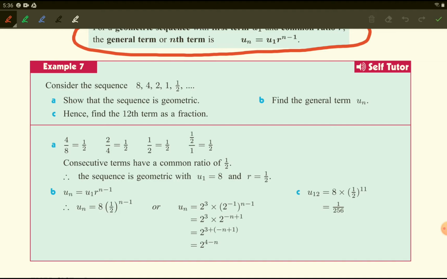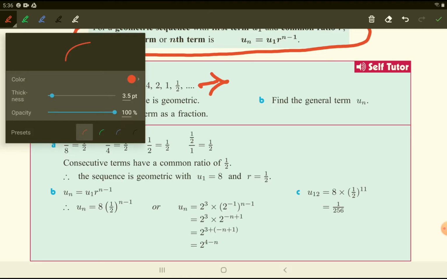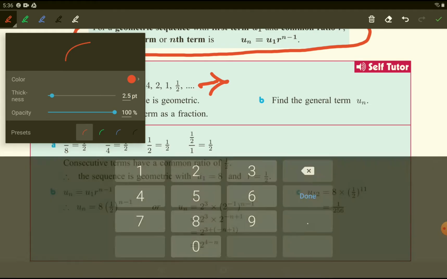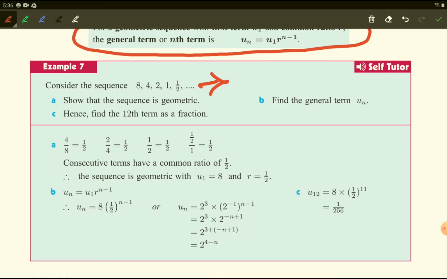Consider the sequence 8, 4, 2, 1, 1/2, and then it just keeps on going. Show that the sequence is geometric. So A is asking us to show that the sequence is geometric. In other words, it's asking us, does a common ratio exist?